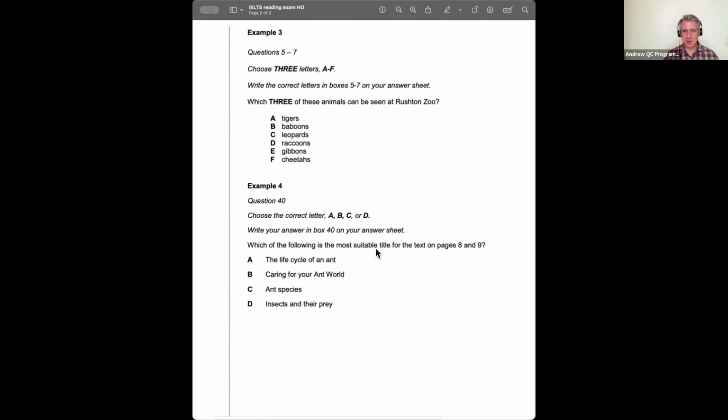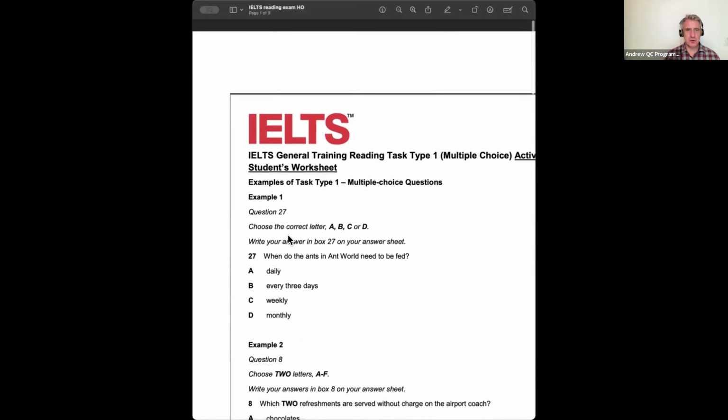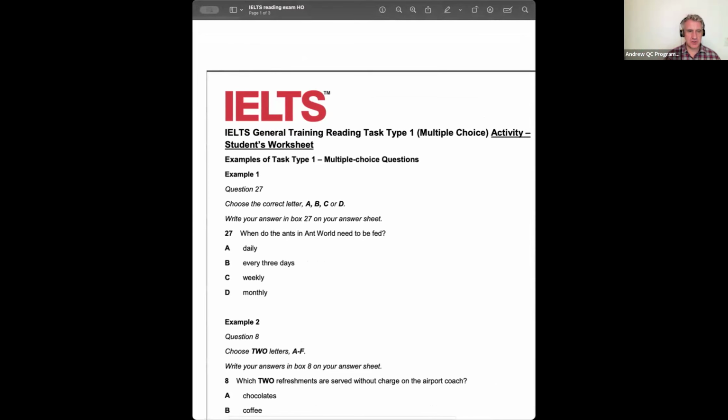A typical gist task is to choose the most suitable title for the text. So to do that, they need to have a general idea of what the text is about. So there you can see we have different multiple choice question types.